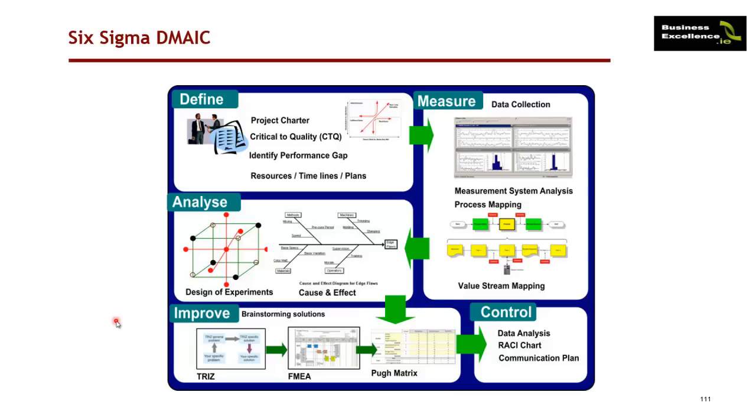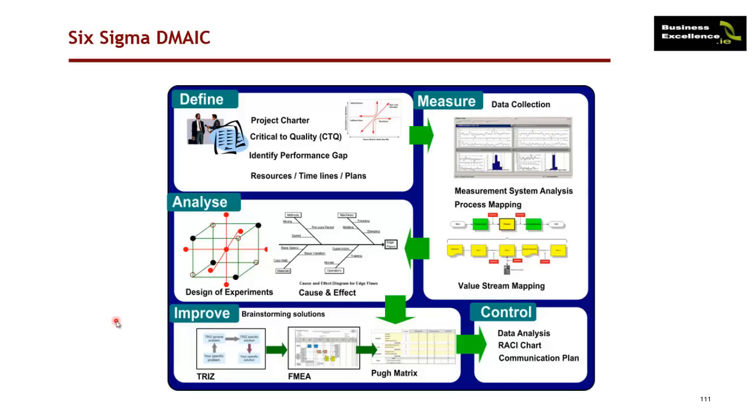Measure what your current performance is against your target and define what is your objective? What do you want to be able to achieve? Measure is all about collecting data, making sure the data you collect is valid. It's about looking at the process and the overall value stream.